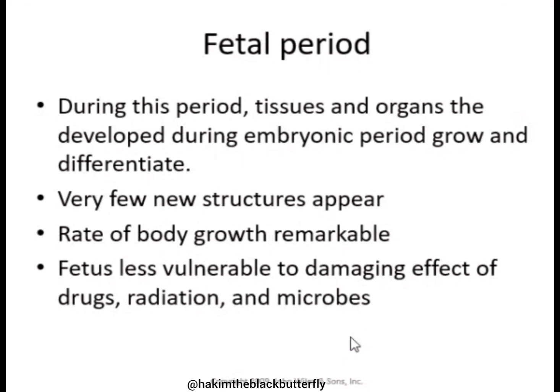For example, if the baby is improperly placed within the uterine cavity, the feet can bend and invert and lead to a condition known as club foot. However, there are very few congenital anomalies which may arise in the fetal period. Most of them arise when the organs are differentiating from the 3 germ layers.